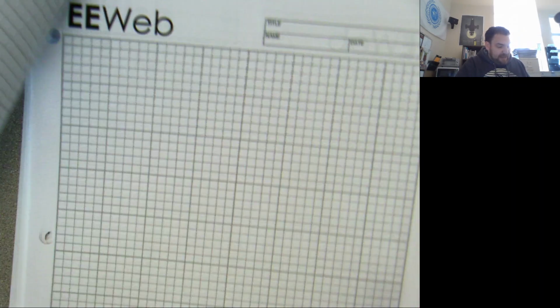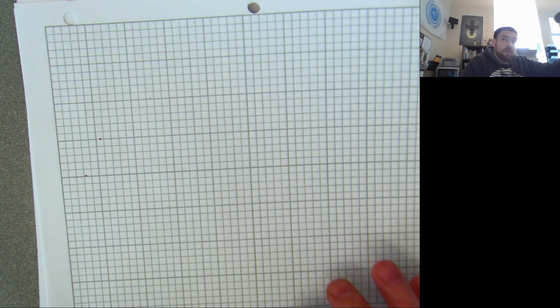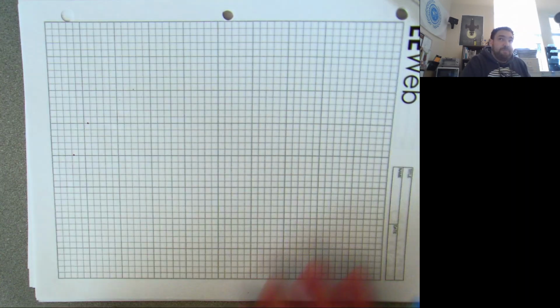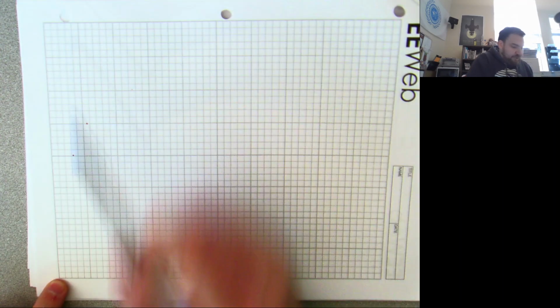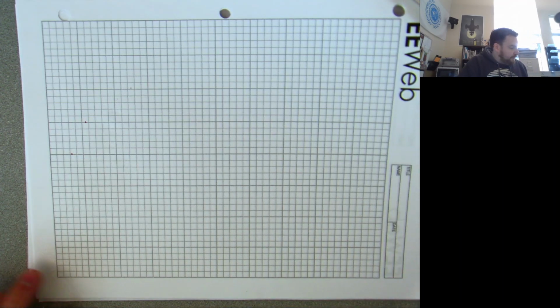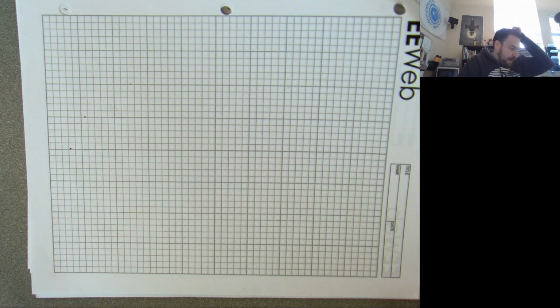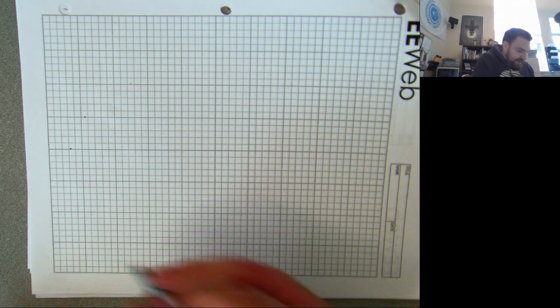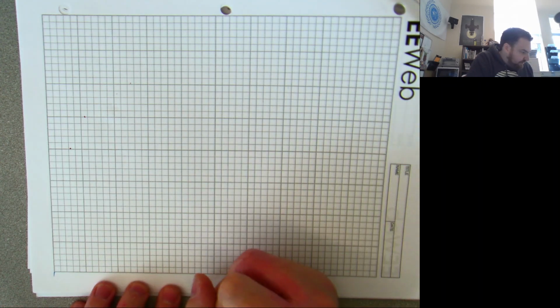So for something like this, I would probably turn my paper on its side, because we're doing period up this way and we're doing length over this way. And the length is going to go up to 100. So I'm going to do the same thing I did before. I'm going to call this bottom length.